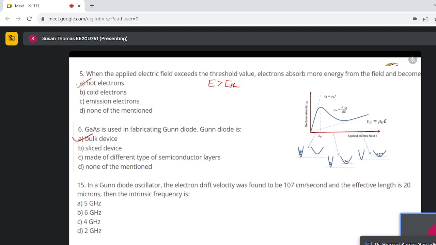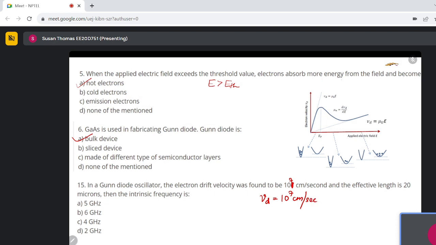Okay, then now we have a small numerical right here. Probably you can try this out. In a Gunn diode oscillator, the electron drift velocity is 10^7 centimeter per second.